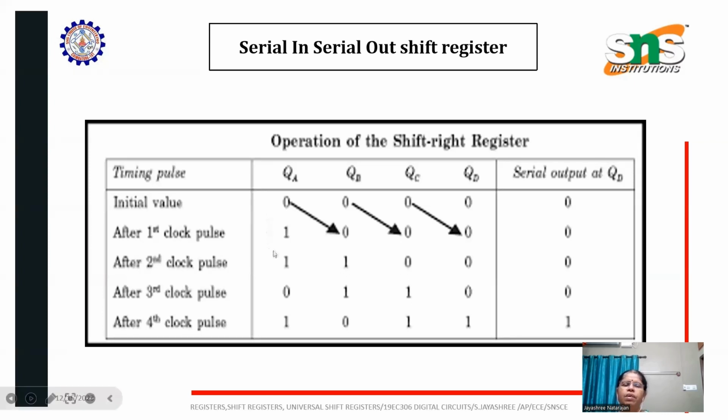The 1 which we give at the first clock pulse reaches QD after the fourth clock pulse. So 4 clock pulses are required to transfer the information from the first flip-flop to the fourth flip-flop. This is the time delay. This is the serial in, serial out shift register.